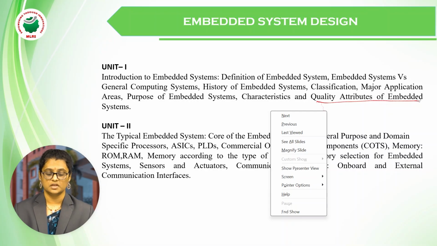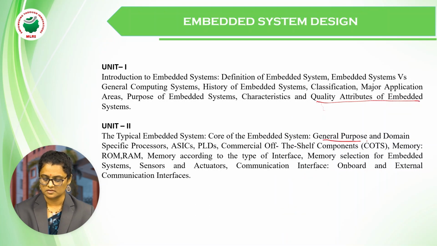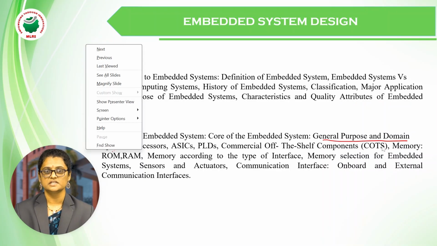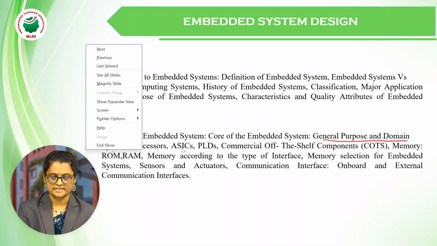Coming to unit 2, this is totally dependent on the core of the embedded system components. In this we have general purpose and domain specific processors. General purpose processors are microprocessors and microcontrollers, and domain specific processors, the best example being DSP processors, meaning digital signal processors, and ASICs.